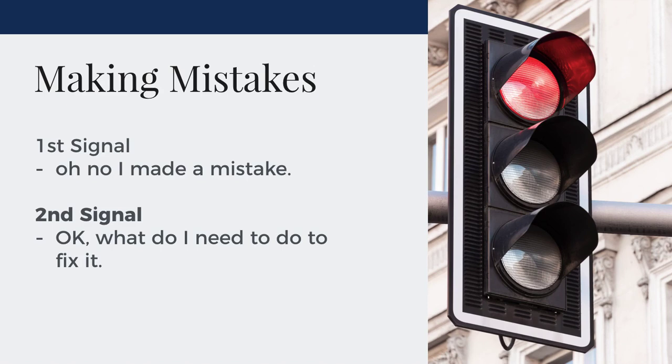So when a student says something wrong, you let them self-correct it. You want them to self-correct it, not somebody else. You don't want to correct it for them. You want them to think, okay, what do I need to do to fix the mistake I've just made?